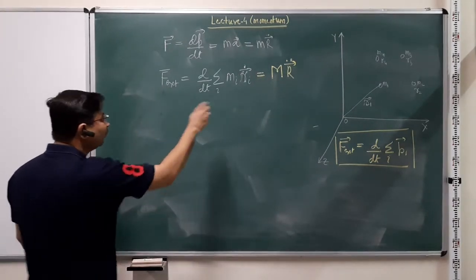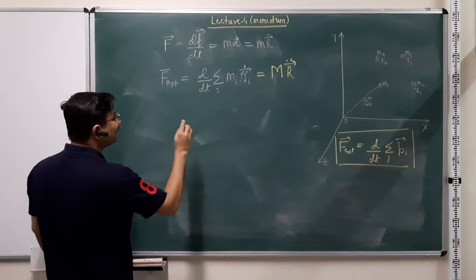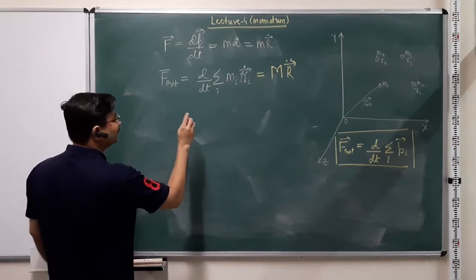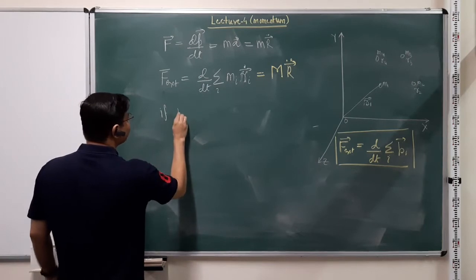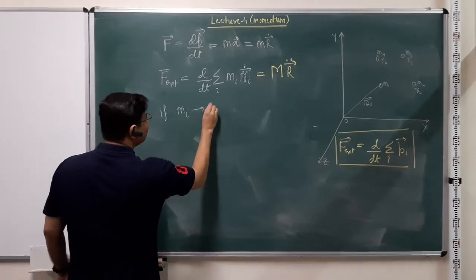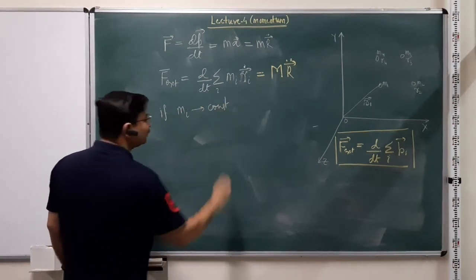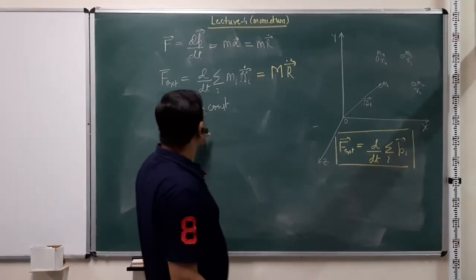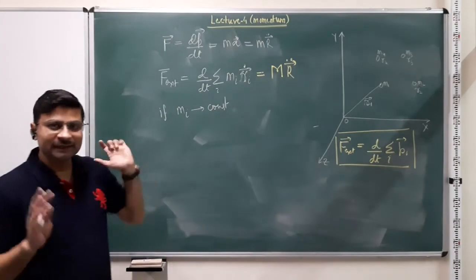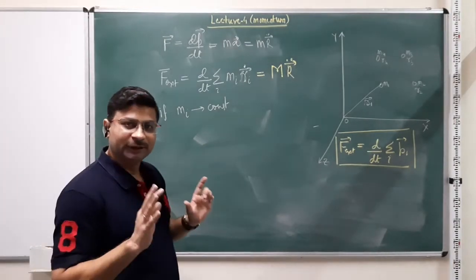Of course we can do it in a simpler way and get the familiar expression if we say the individual m_i's are constant. Whatever process we are studying, whatever dynamics is happening, the mass does not change. It's a system where we are not changing any mass.